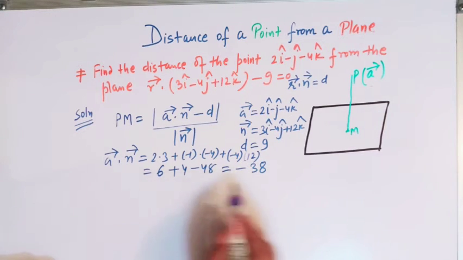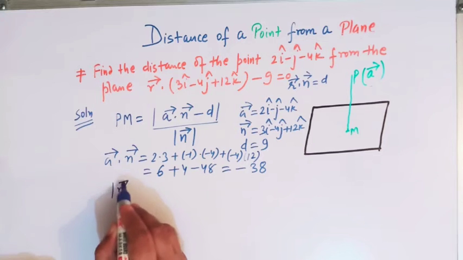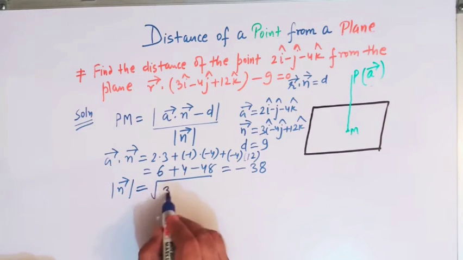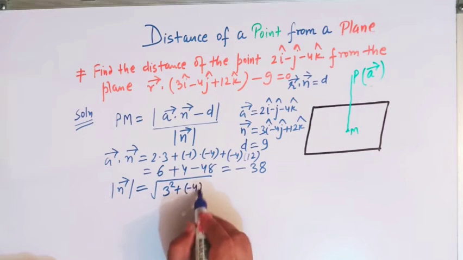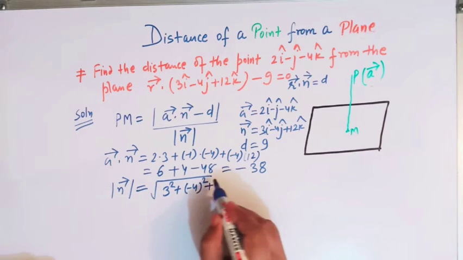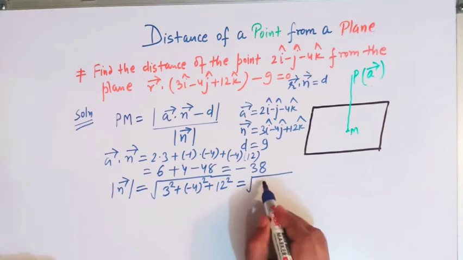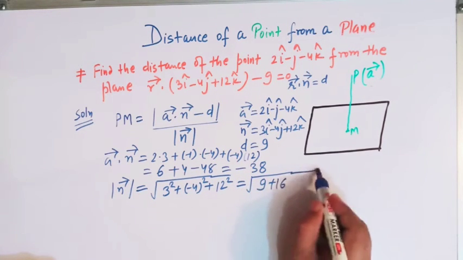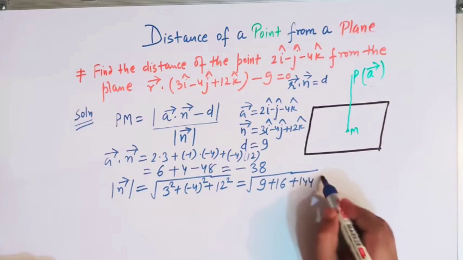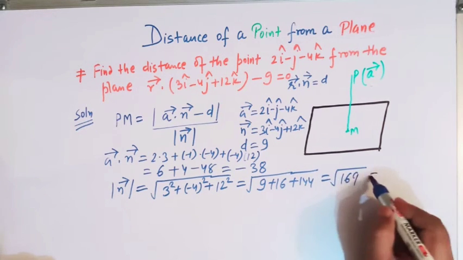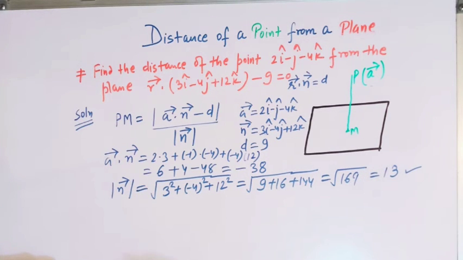The magnitude of vector n is square root of 3 square plus minus 4 square plus 12 square, so this is 9 plus 16 plus 144, which is 169, and this is equal to 13.